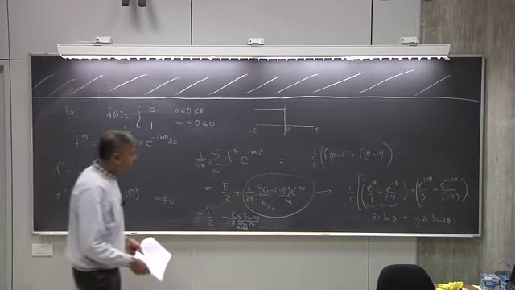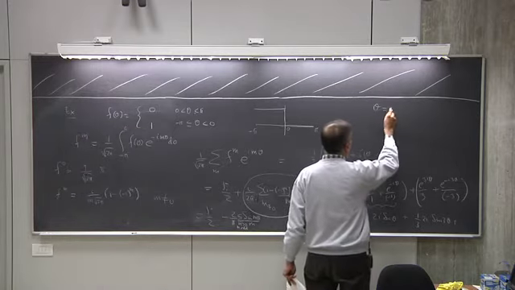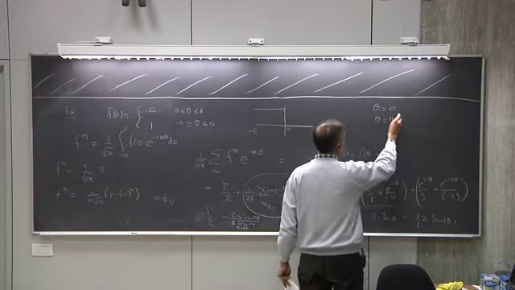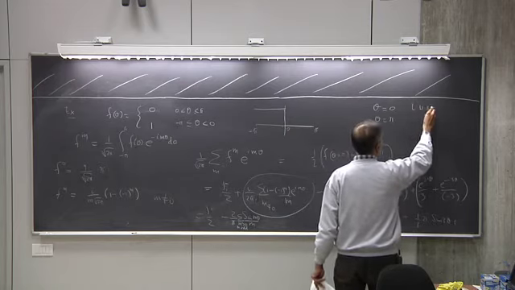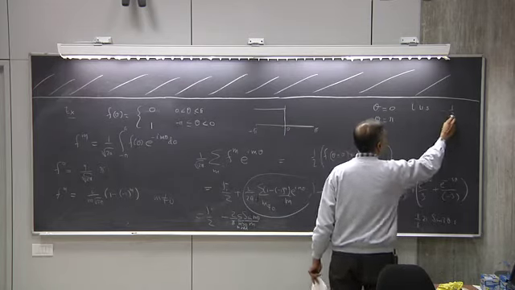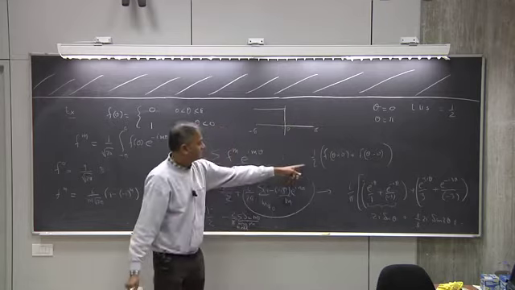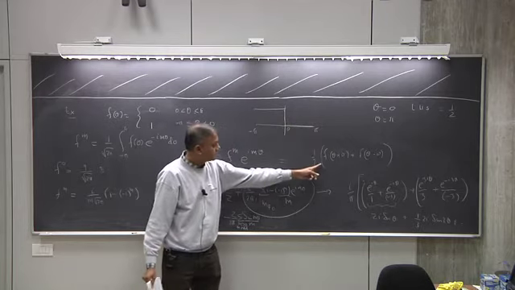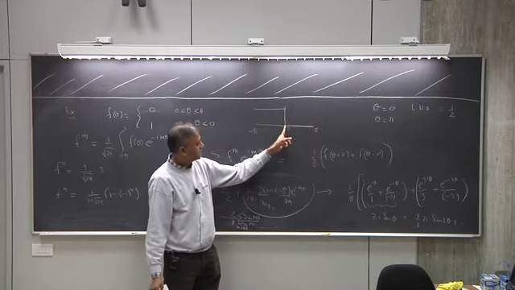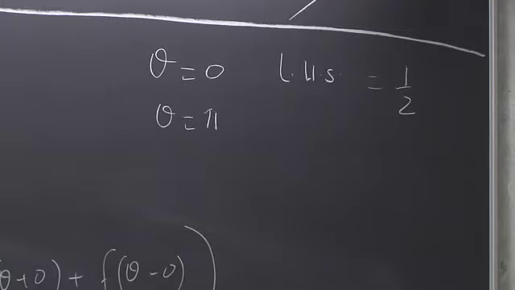So you see that at theta equal to 0 and theta equal to pi, the left hand side simply gives you half, which is indeed the correct answer, because the right hand side also gives you the same. If you look at theta equal to 0, as you come from here, the limiting value is 0.